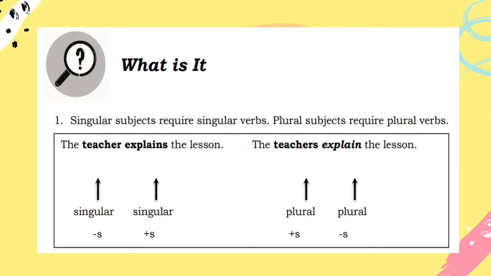Explains with S is also a singular verb. Next, the teachers explain the lesson. Teachers, plural, so it requires plural verbs. Explain.